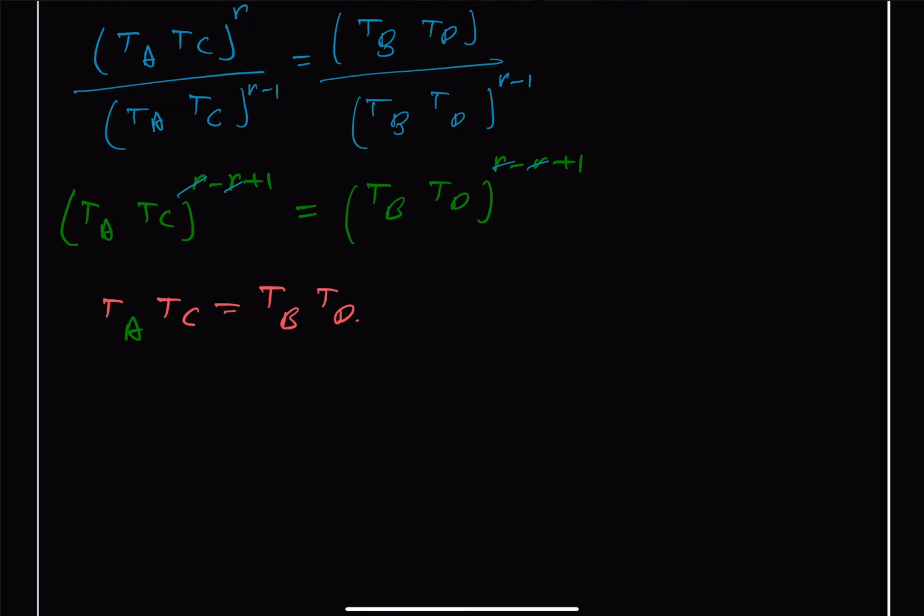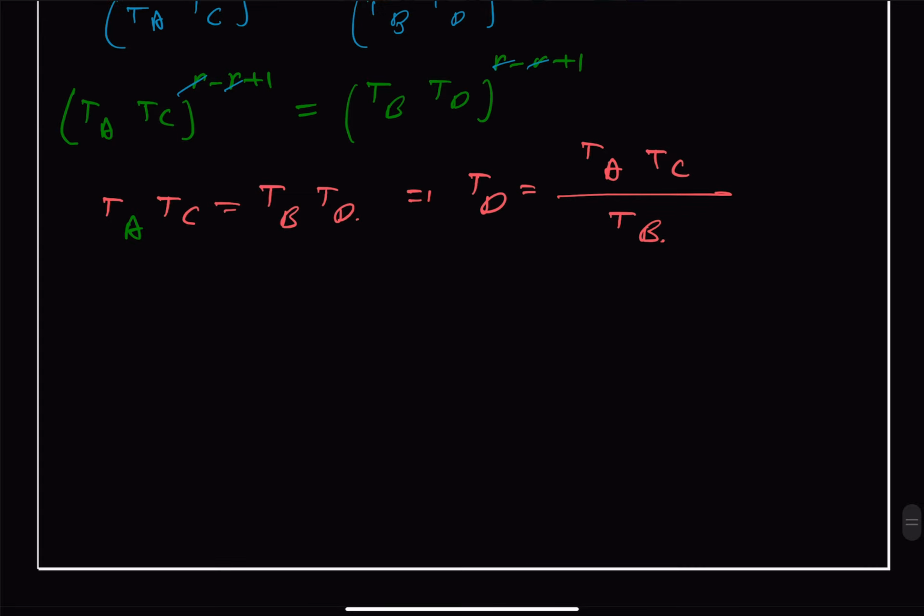Finally, TD will be equal to TA TC divided by TB. TA is given to us as 1000, TC we just found is 425, and TB is 850. This gives us TD equal to 500 Kelvin finally.